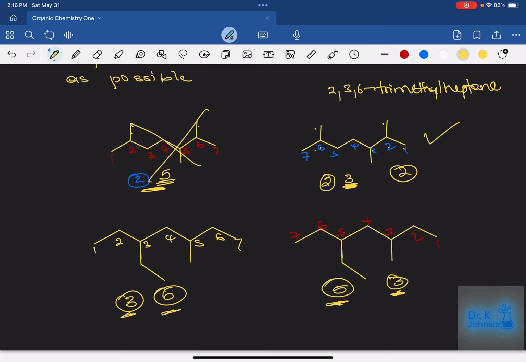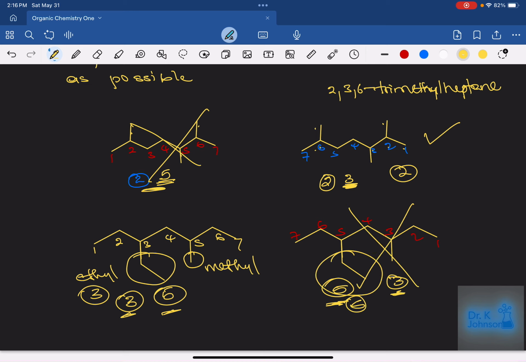Guess what? What do you think you're going to do? It's in rule 3. You're going to use the alphabet. You pick the substituent that is lower in the alphabet that is associated with the lower number. So let me explain that. Here we have a methyl group on 5, and this is an ethyl group on 3. Your ethyl group over here is on 5.